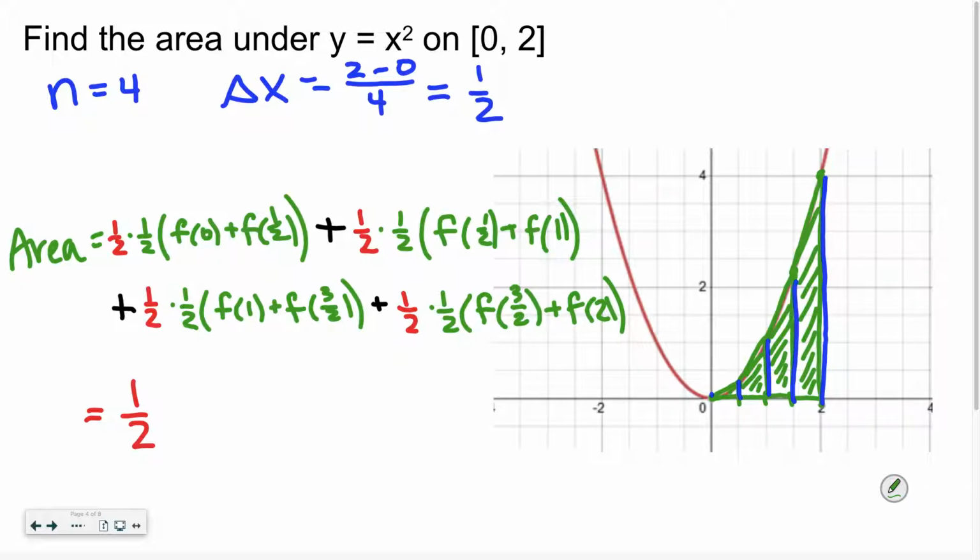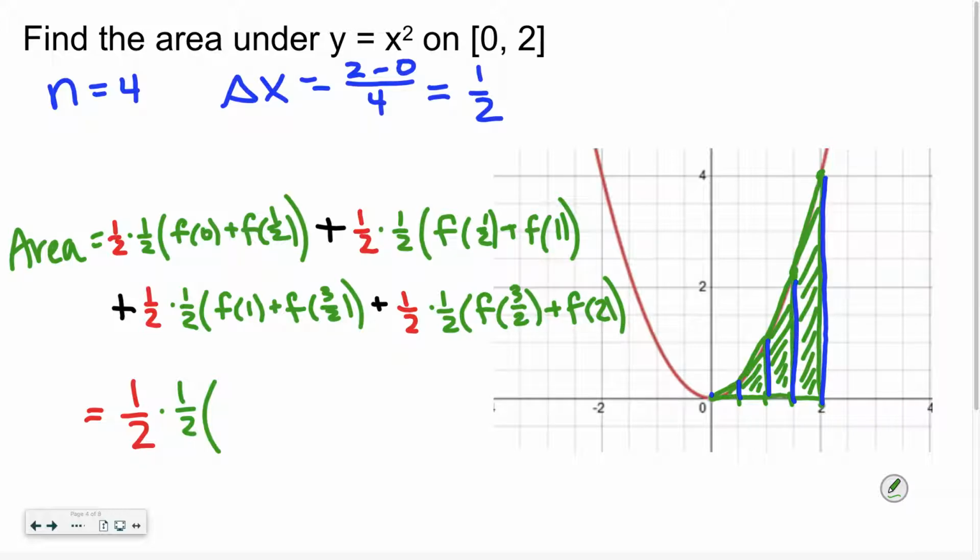Technically, does it have 2 1/2s? The second one represents that delta x, right? Then, what else do you notice? Instead of having to write 4 trapezoid formulas, we can factor out the 1/2 times 1/2.